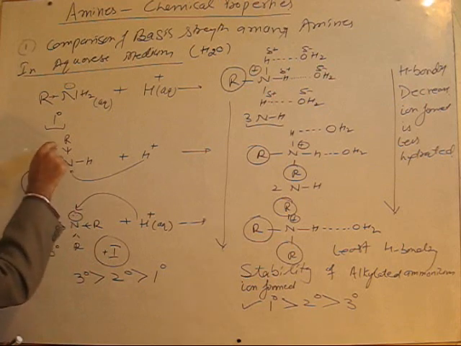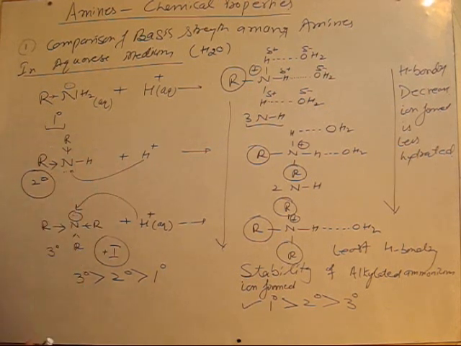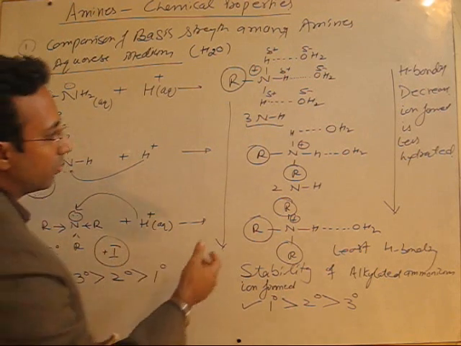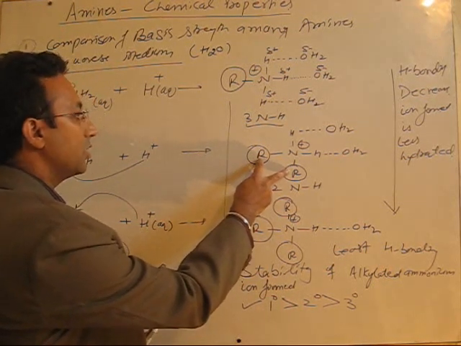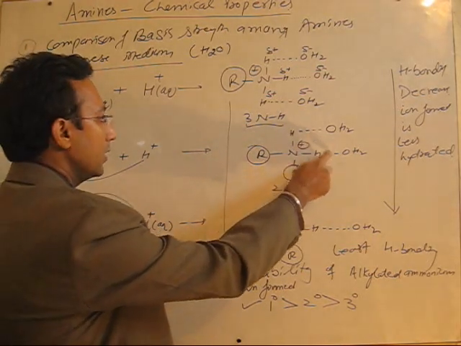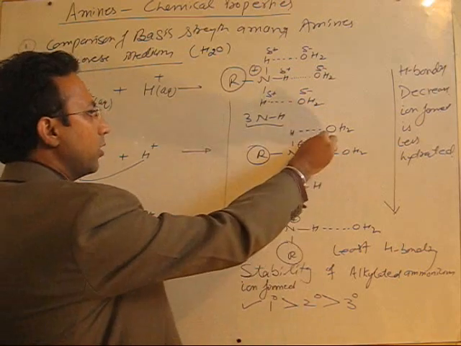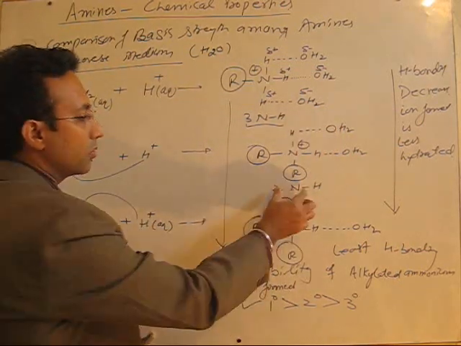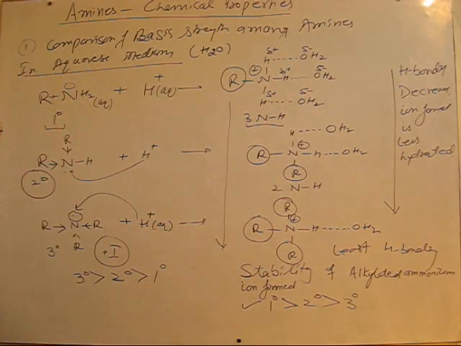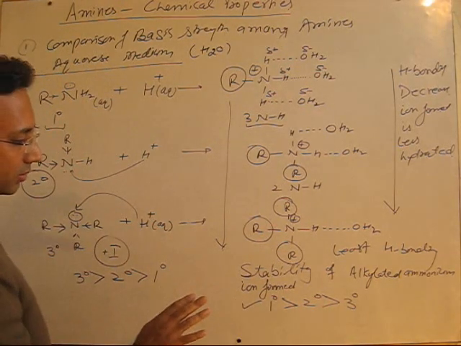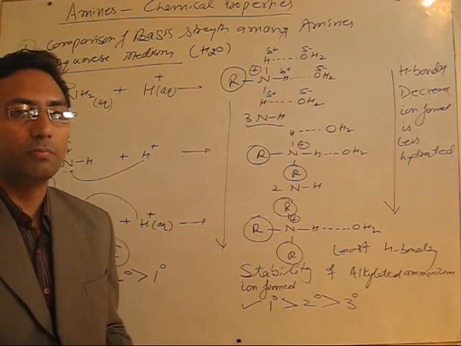The presence of 2 R groups gives enough electron density that the attack of H plus is very fast. Moreover, the hindrance is not that high, and the H bonding extent is sufficient because of 2 NH bonds. So what has been found experimentally is that out of primary, secondary and tertiary, secondary amines are the most basic in aqueous medium.